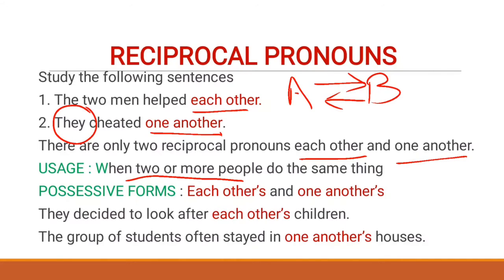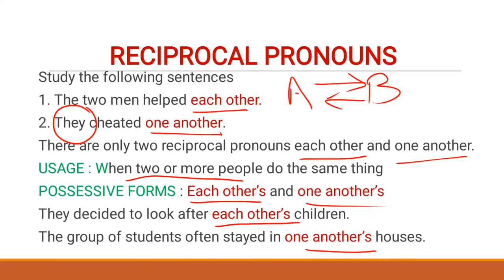We also use the possessive forms of each other and one another. That is, each other's and one another's. For example, they decided to look after each other's children. The group of students often stayed in one another's houses.